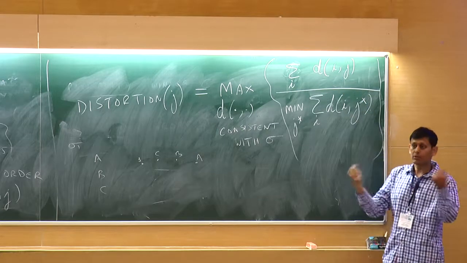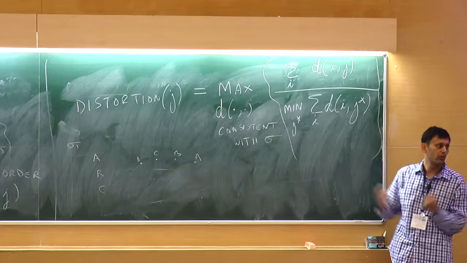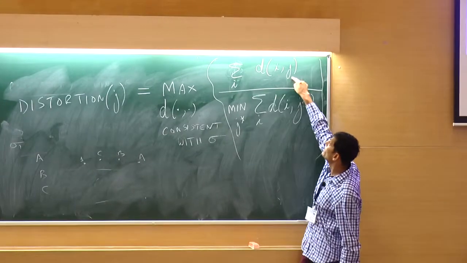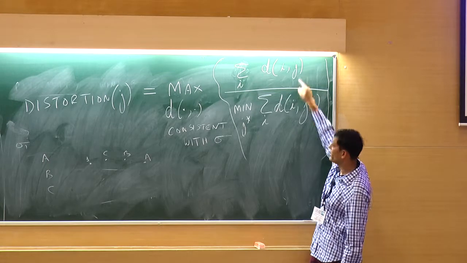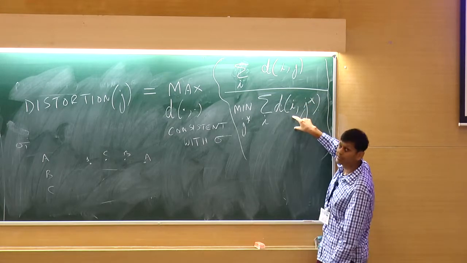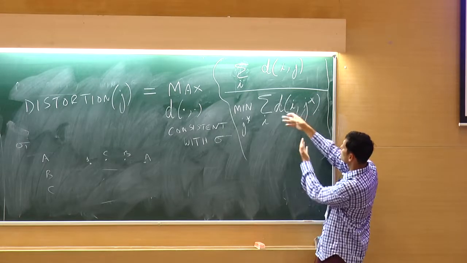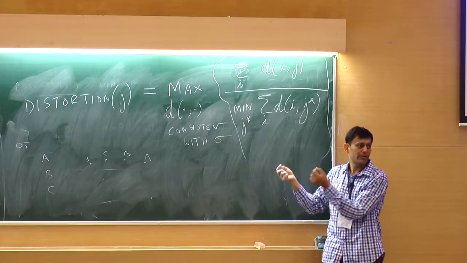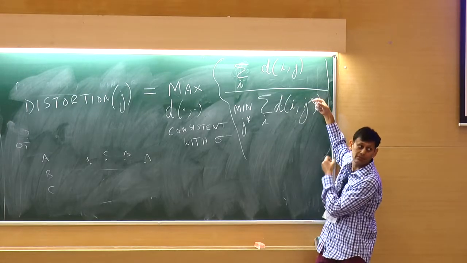Every voter wants someone close to them in the metric space, right? They don't want someone who's far from them. So this is the penalty for J: the total distance from J to everybody else. This is the penalty of the best possible candidate that you could have picked. The best possible candidate is typically called the median. In a general metric space, the median is the one that minimizes the sum of the distances to everybody.